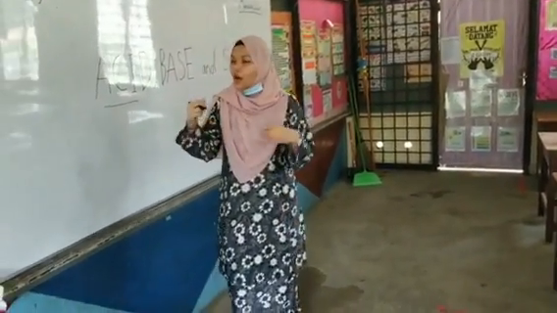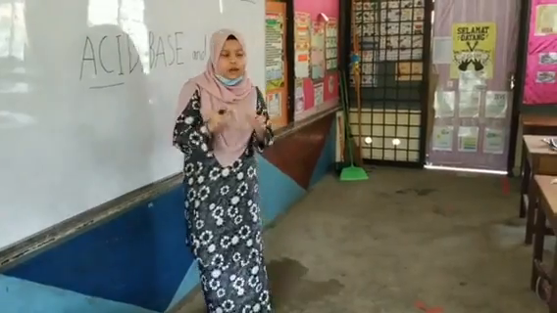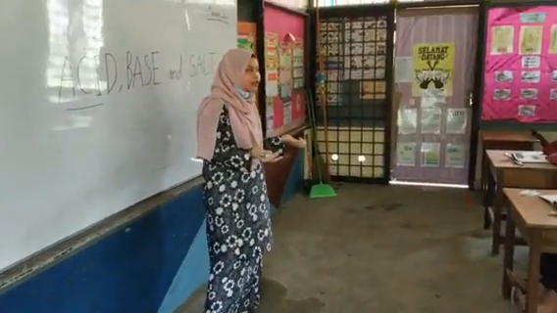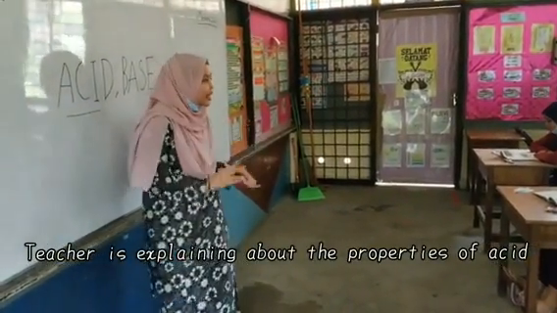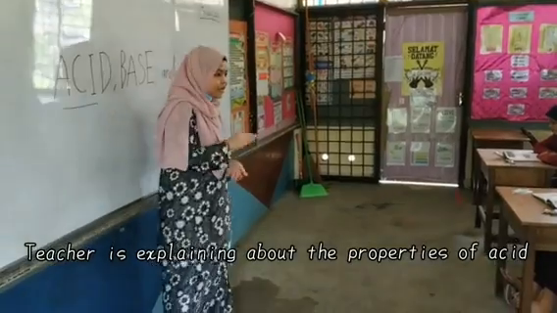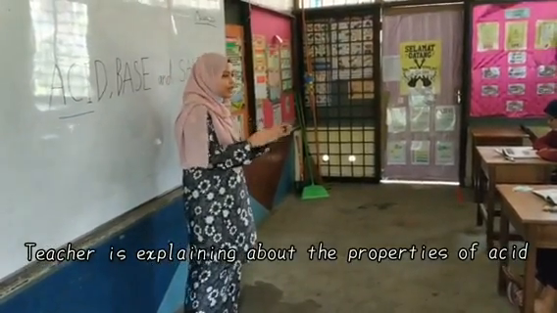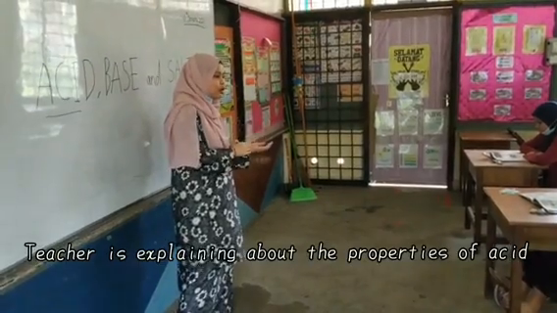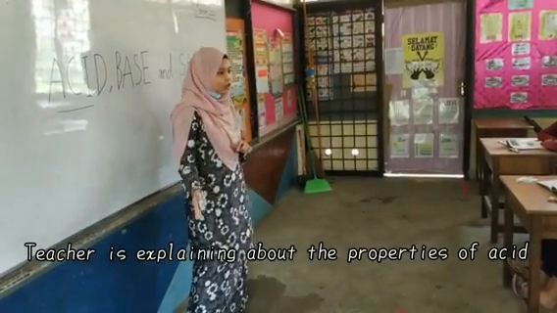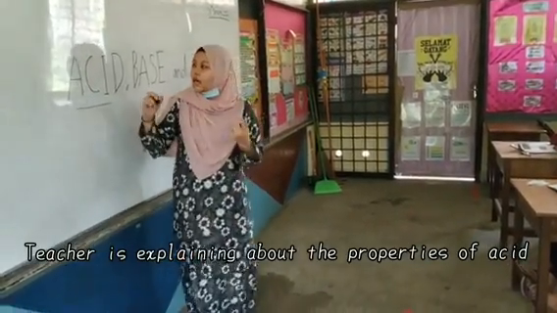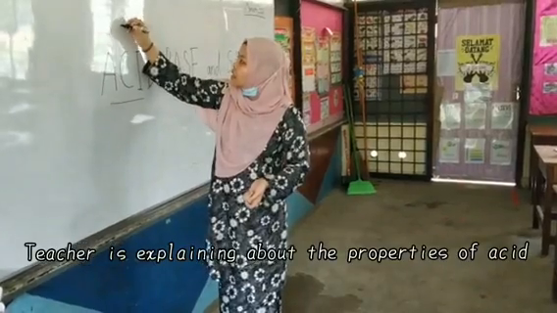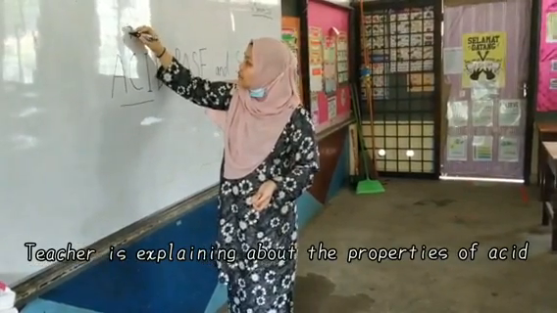Acid, we all know that acid comes with base. So I will tell you guys about acid first. Acid has a pH of below 7. You know pH has a range between 0 to 14, right? And for acid, the pH is below 7.